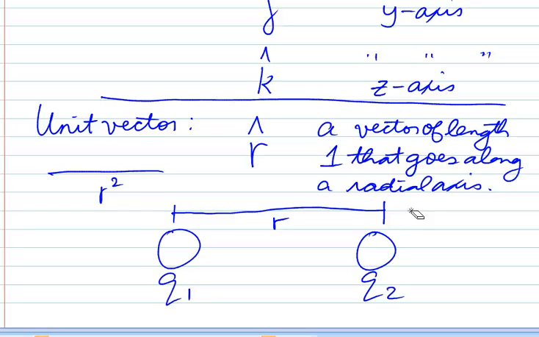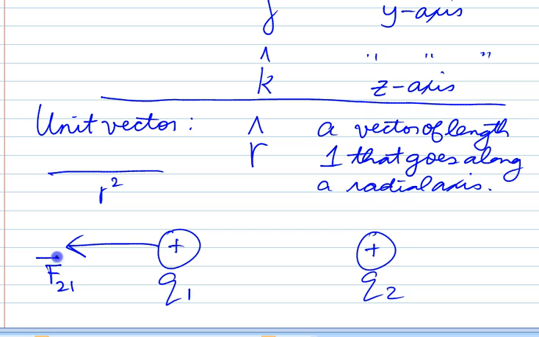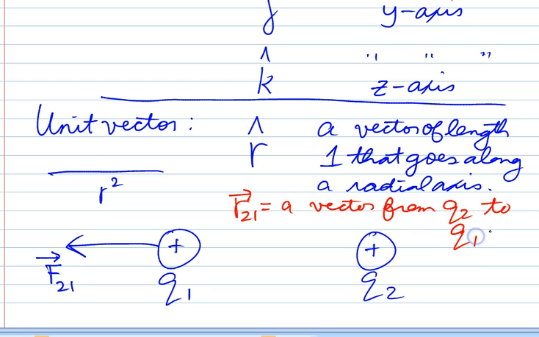Okay, so now let's say that I want to know the force that 2 is exerting on 1. So again, positive, positive, and this is the force that 2 is exerting on 1, and it is a vector. What I can draw here is a vector r21, which is a vector from q2 to q1.